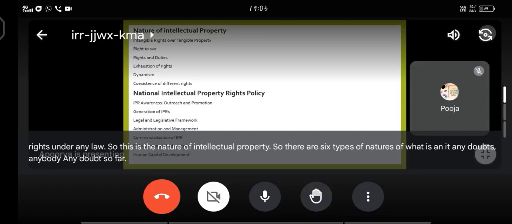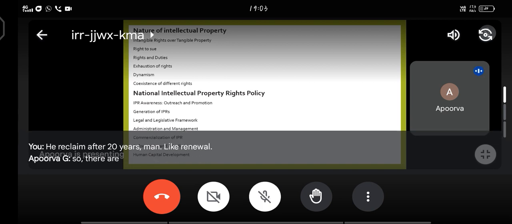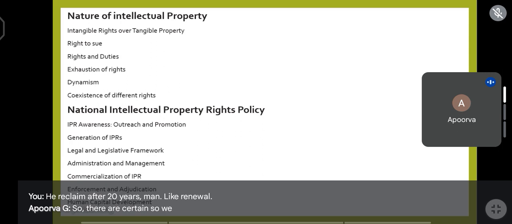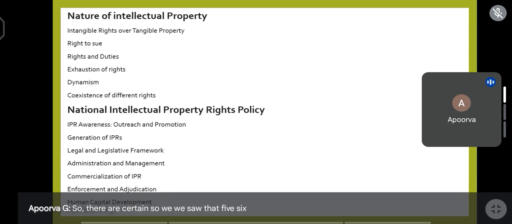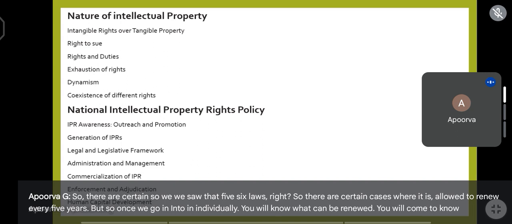Ma'am, for exhaustion of rights, can we reclaim after 20 years, ma'am? Like renewal? So we saw those 5 or 6 laws, right? There are certain cases where it is allowed to renew every 5 years. But once we go in individually, you will know what can be renewed and what cannot be renewed.